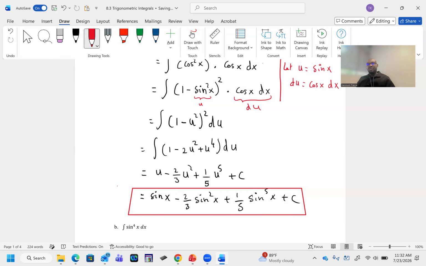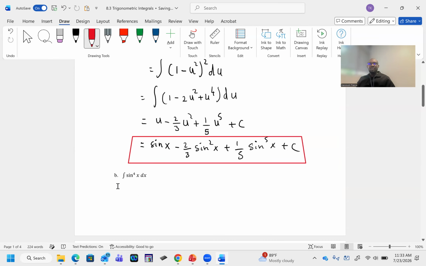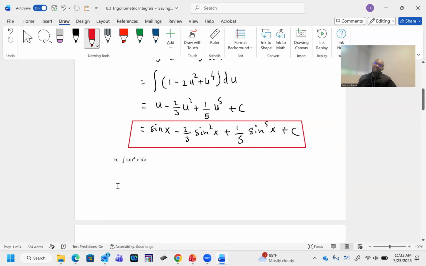So the same thing we'll do with finding the integral of sine to the power of 4 x dx. Okay? So in this case, you can see this power is even already.